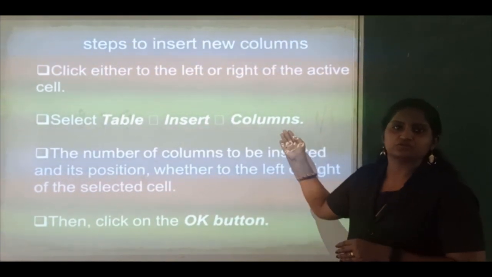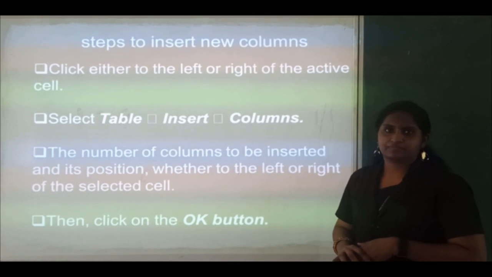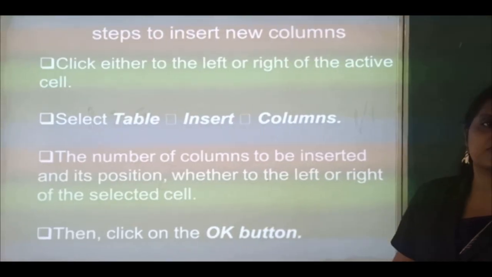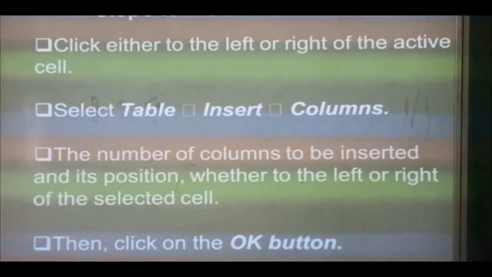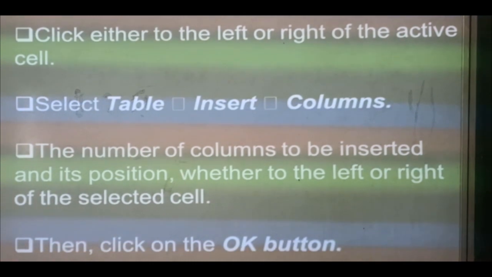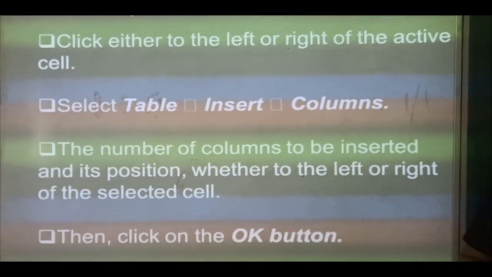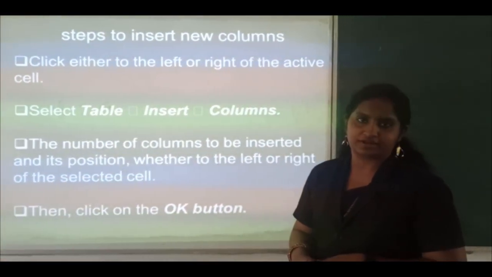If you need to include a new row, like that you can include rows. Okay, and here you just type the number of rows and columns if you need to include it in a table. And next click OK. So we'll see in the practical sections how to apply these things. Okay, so just remember what are the steps you have to follow in that.